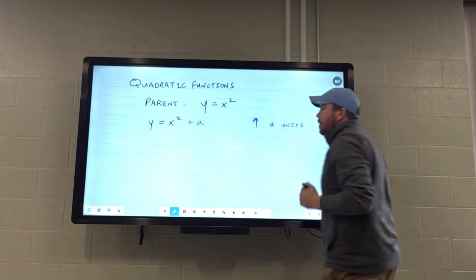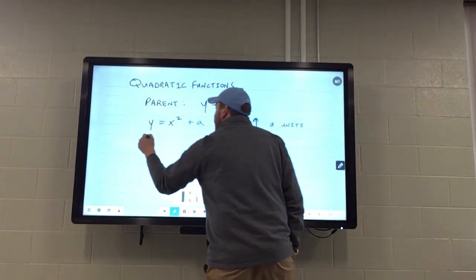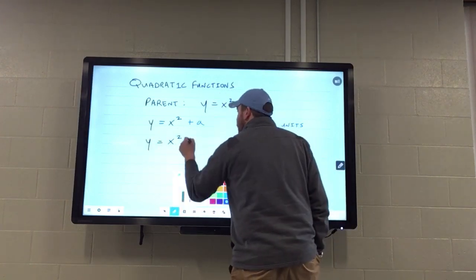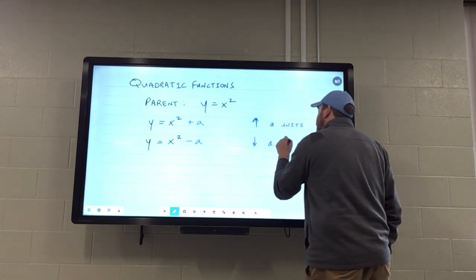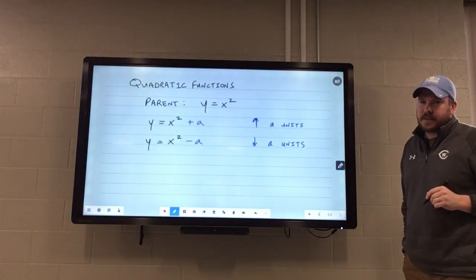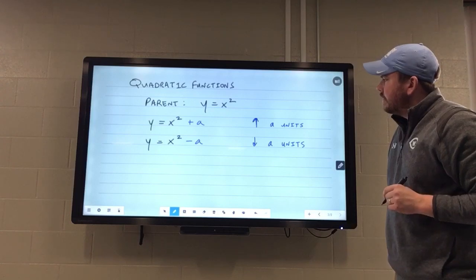Let's get rid of that arrow, that might be confusing. And the other one you just saw is if we took that parent function and we subtract some number a, we go down that many units. So that's our first translation we're going to look at.